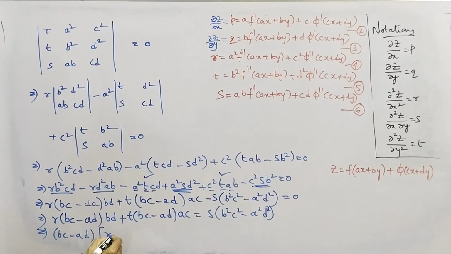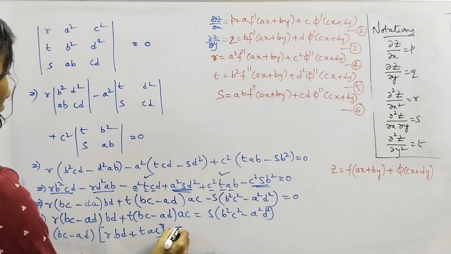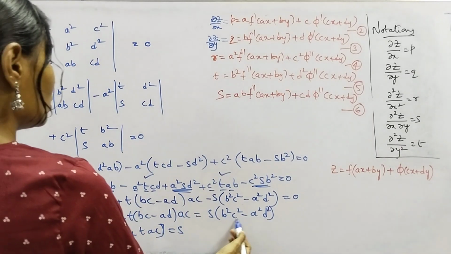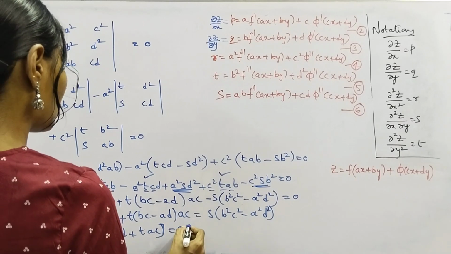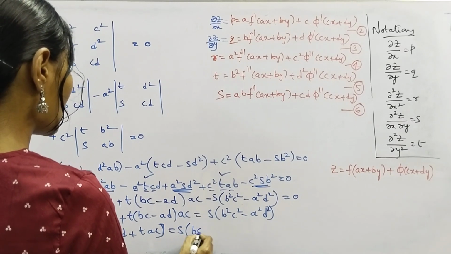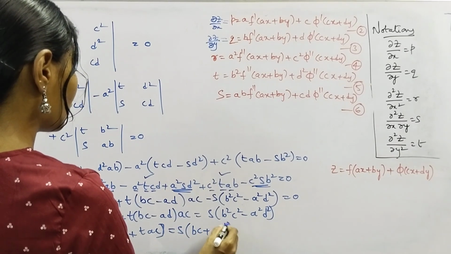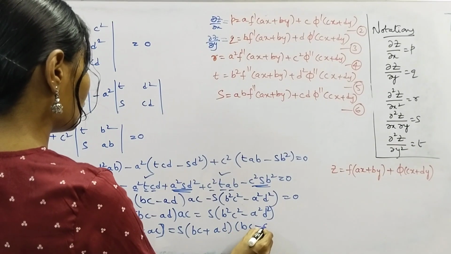You'll get (rbd + tac) equal to s times, this is of the a² − b² form, right? You can write this as (a + b)(a − b).